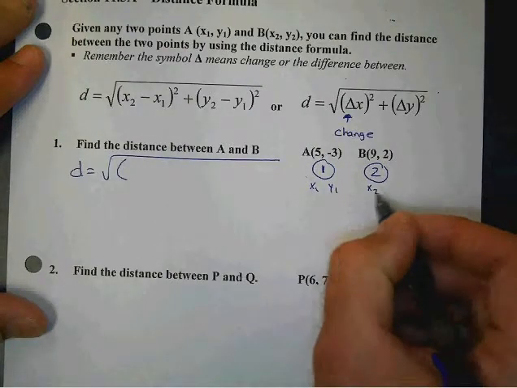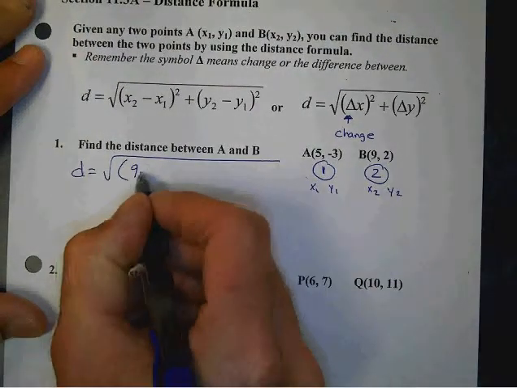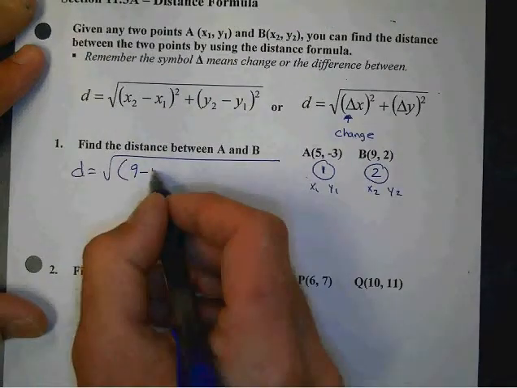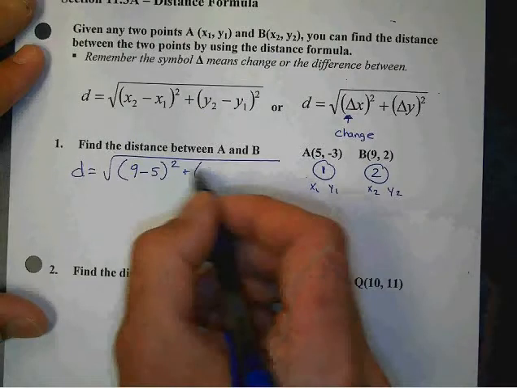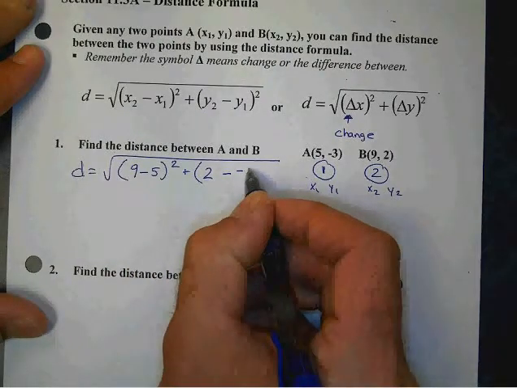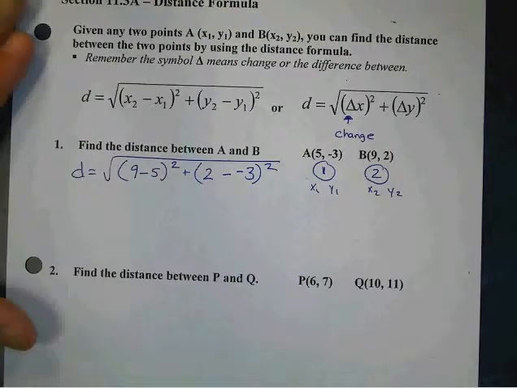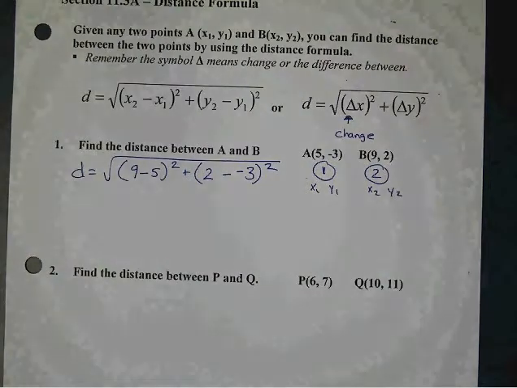Sorry, that was my fault. So 9 minus 5 squared plus 2 minus negative 3 squared. You see where I got those from? So it's x1, x2, y1, y2.